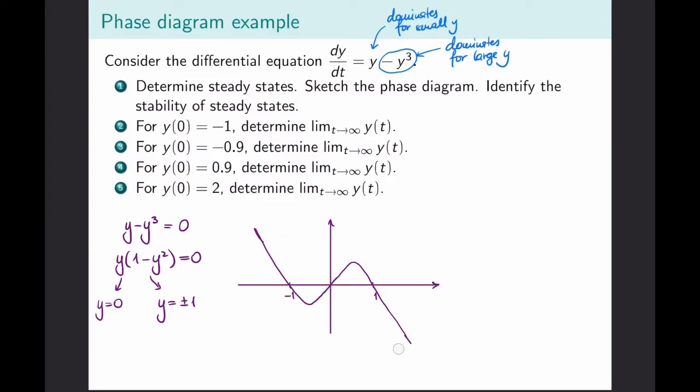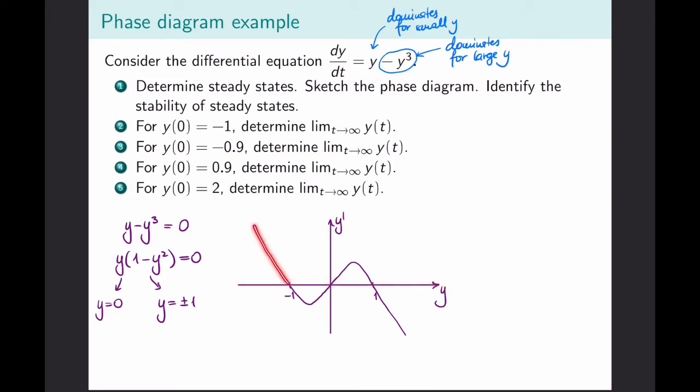Let's remember that if my graph is above the x-axis, my arrows point to the right. If my graph is below the x-axis, my arrows point to the left. So if the graph is above the, not the x-axis, it's really, I should be labeling these. This is my y, this is my y prime, the horizontal axis, I should be calling it.